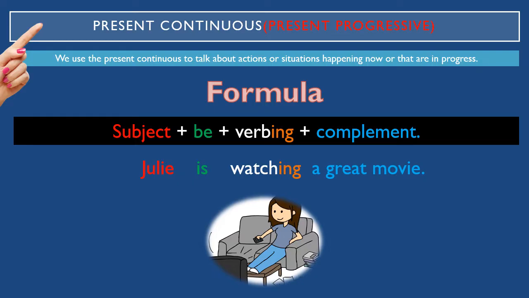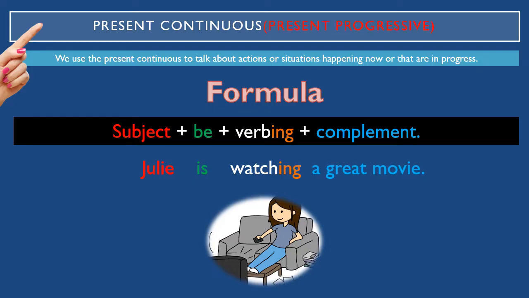So this is the formula that we have. We have the subject, the verb be, the verb with ing or present participle, and the complement. Example, Julie is the subject. Is the verb be for Julie because Julie is she. So we used the conjugation is for the verb be. Watch, the verb with ing, watching, and the complement, a great movie.